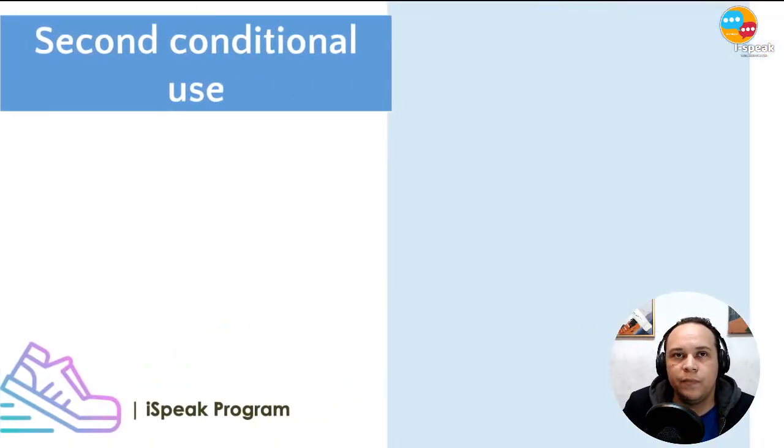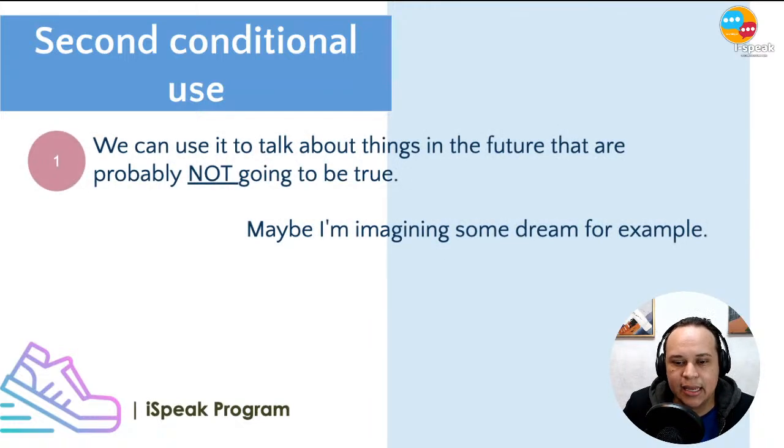Okay. So when do we use the second conditional? There are 2 ways of using the second conditional. One of them is when we use it to talk about things in the future that are probably not going to be true. All right? So one more time, we use it to talk about things in the future that are not going to be true. In other words, maybe I am imagining some dream, or I'm just thinking about something that is not going to happen.